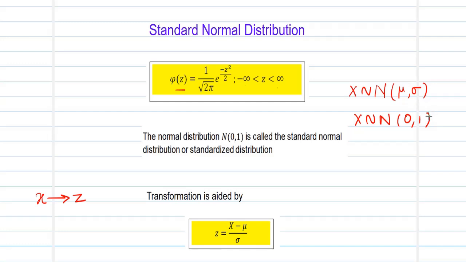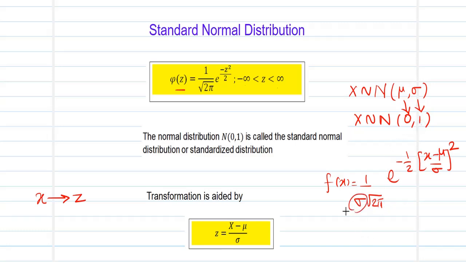So what happens in this case? X is replaced as 0 and sigma is replaced as 1. In which case the function which was 1 by sigma square root of 2 pi e power minus half into (x minus mu by sigma) the whole square is now converted as, what is the value we are giving for sigma?